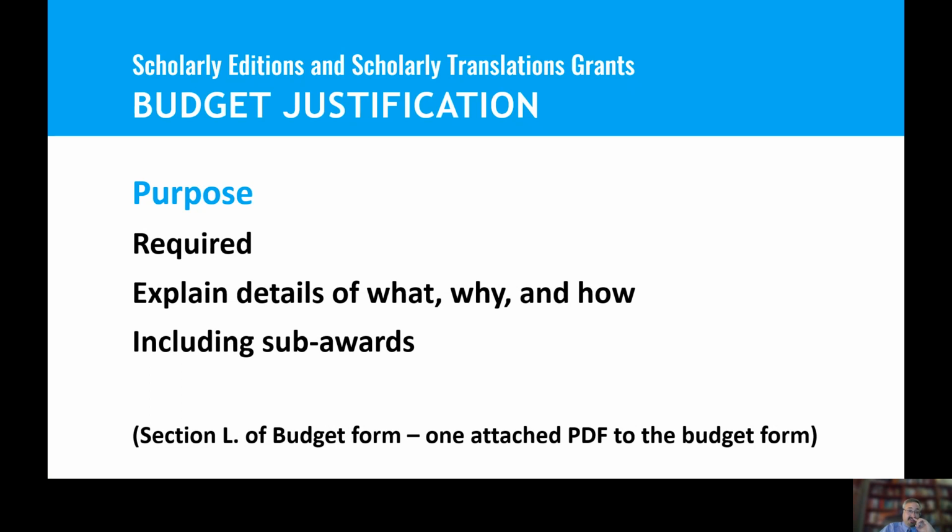This is the one thing you do have to attach as some kind of PDF, is a budget justification. This is a place where you can just explain the why and the how and the what of your project. So say if someone is receiving funding and it's not clear what percentage of their time, or if you want to explain particular line items in there for the sake of review, you provide that justification, and there are more details of what you'd want to explain in the notice of funding opportunity.